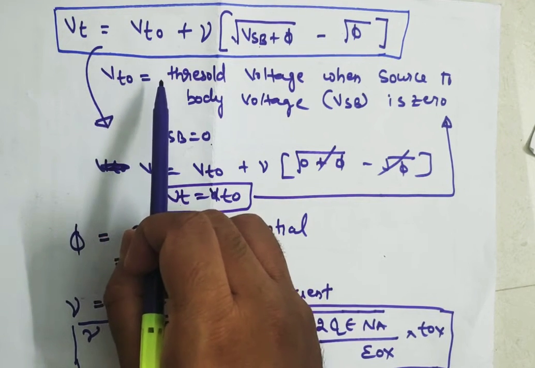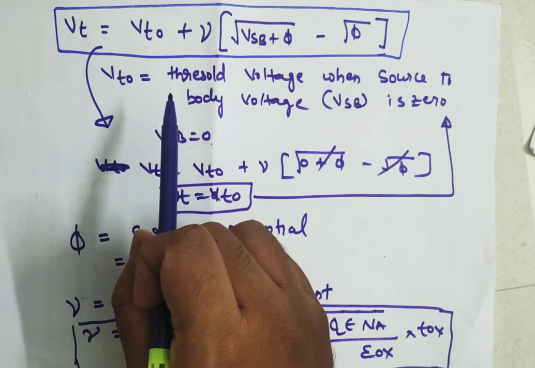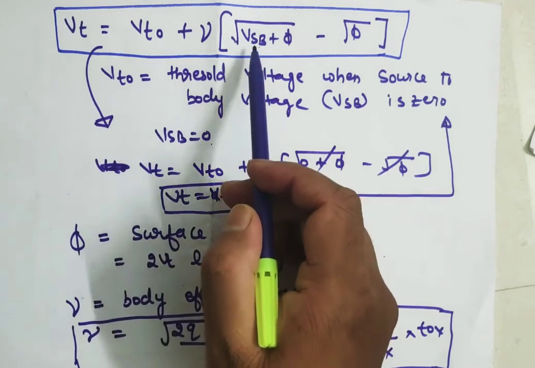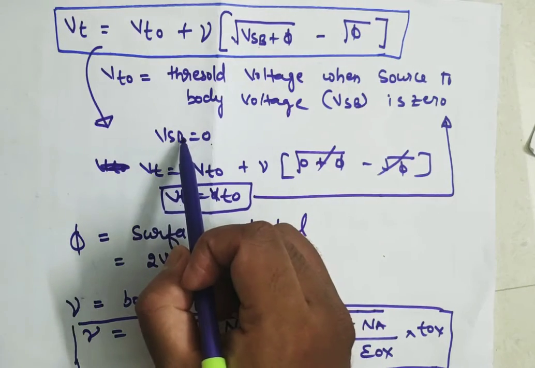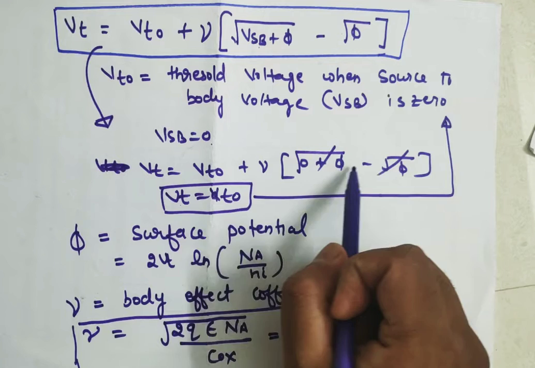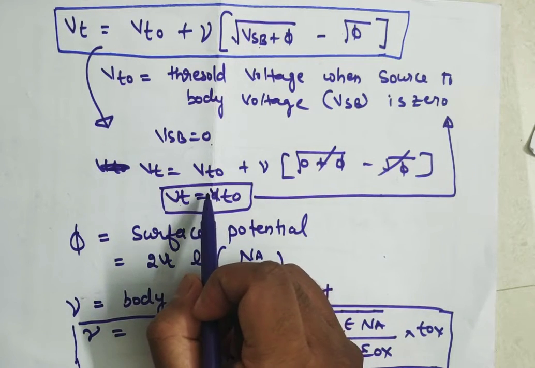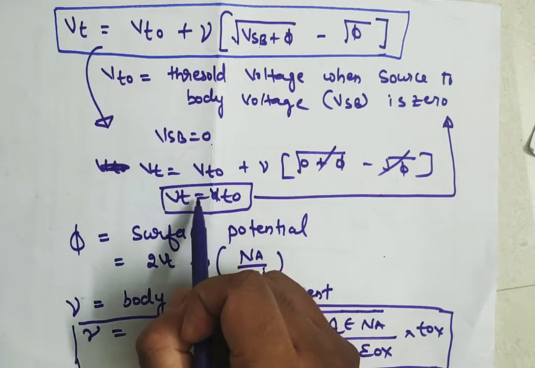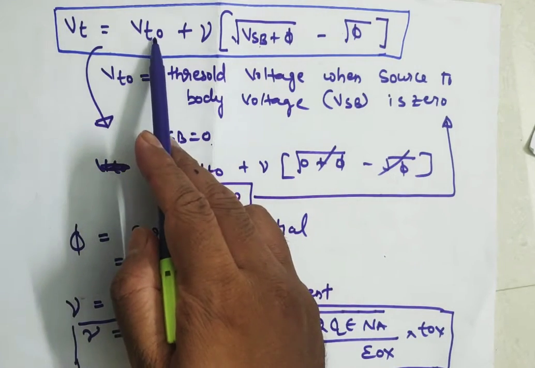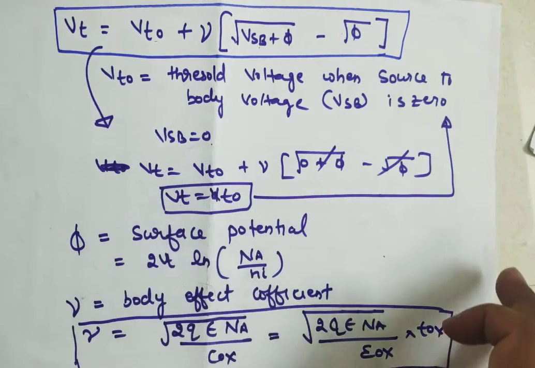Vt0 is the threshold voltage at VSB equal to 0, or source to body voltage at 0. If we put VSB equal to 0 here, what will we get? Vt equal to Vt0 plus gamma times (square root of phi minus square root of phi). So Vt is equal to Vt0. That's what we said: Vt0 is the threshold voltage at VSB equal to 0.